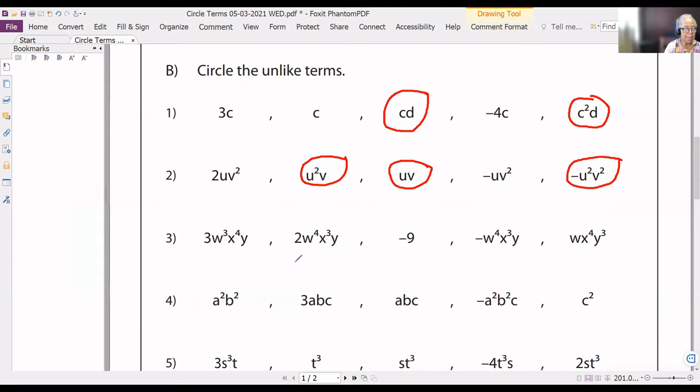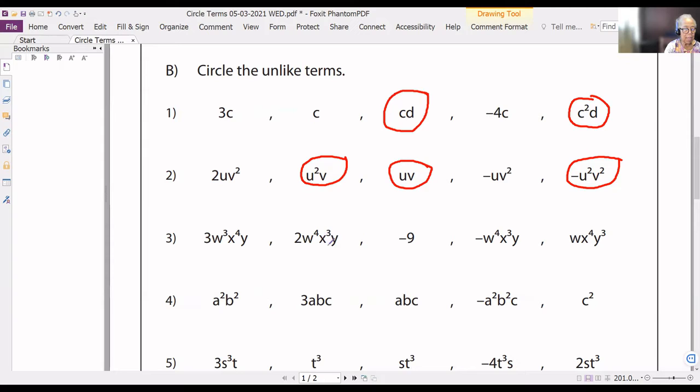Now, let's look at our unlike here. You have W to the fourth, X to the third, Y; W to the fourth, X to the third, Y; W to the fourth, X to the third, Y. And this one is not W to the fourth, X to the third, Y. This is W to the third, X to the fourth, Y. So what is like here?